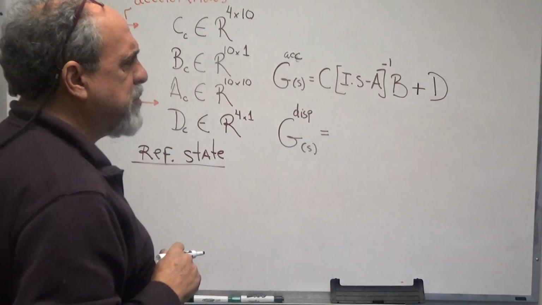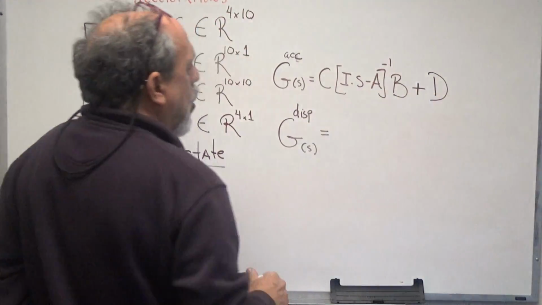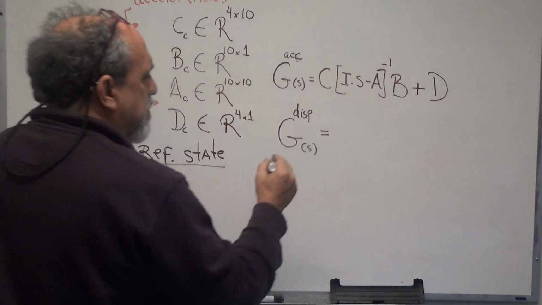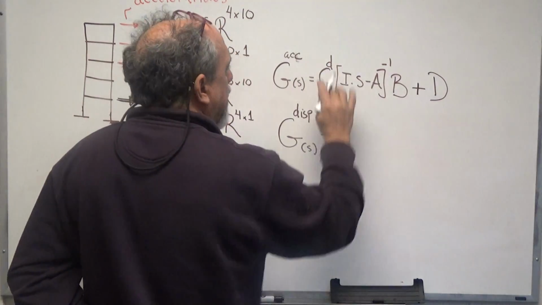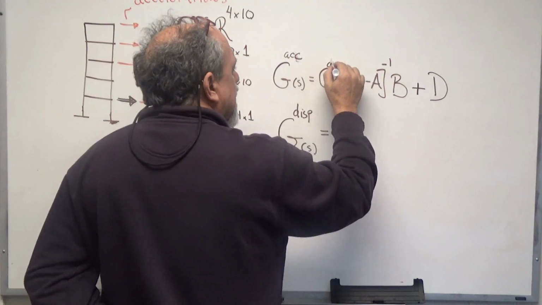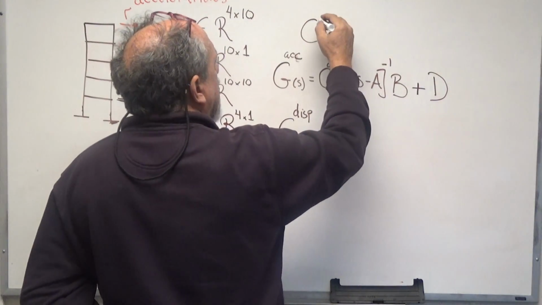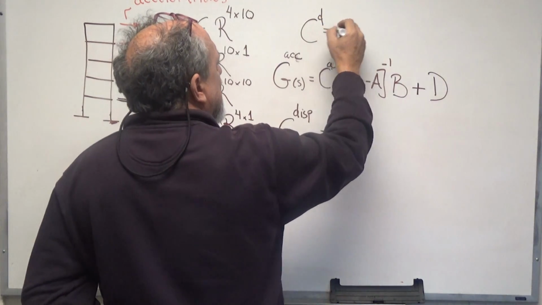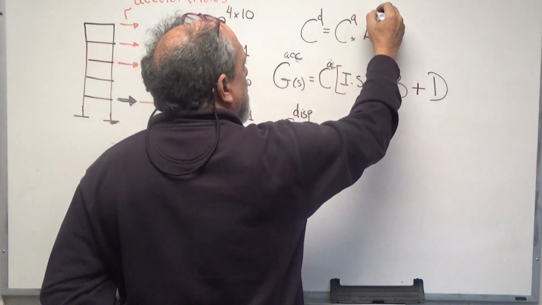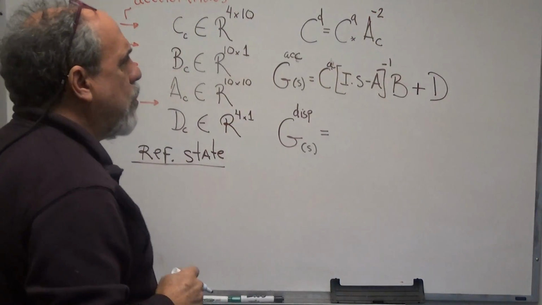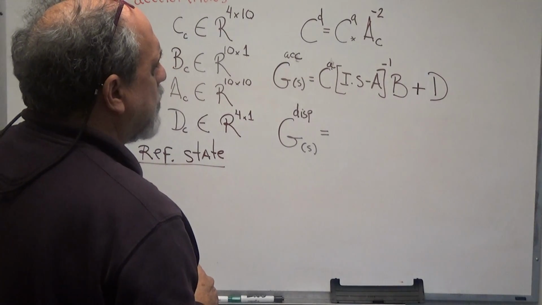So for the displacement transfer matrix, if I have my matrices C, A, B, D, all I have to do is to replace the C, which was C acceleration, by C displacement. But if I remember correctly, we said that C displacement is equal to C acceleration multiplied by Ac to the minus 2, right? Is that true?